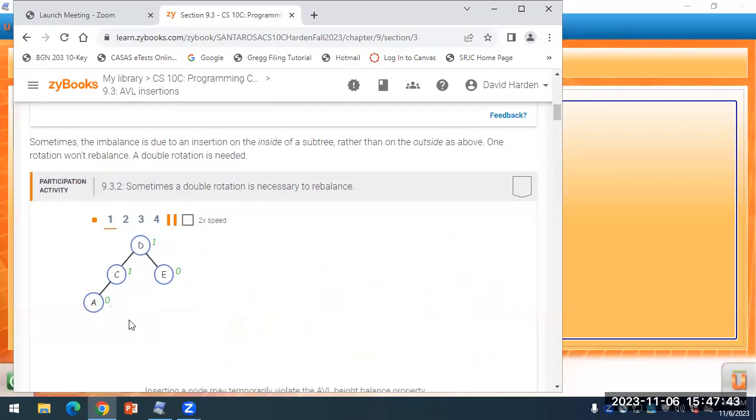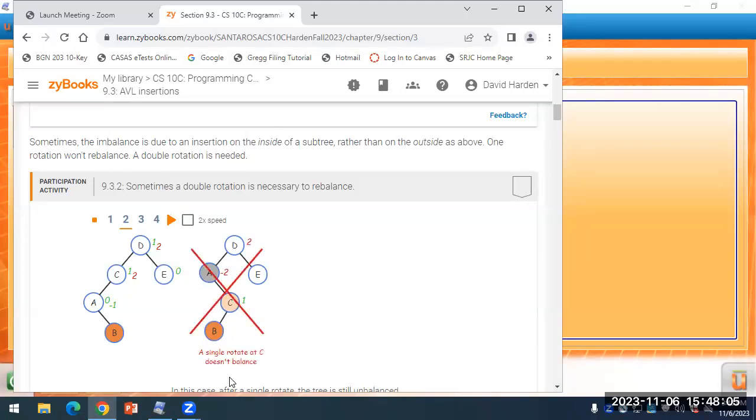So we start with this. We add B on the right. We try to do a right rotation at C. Still imbalanced, right? So what we're going to have to do is we do a left rotation.